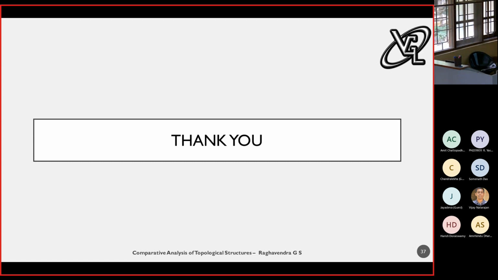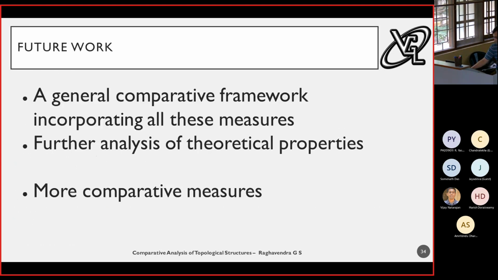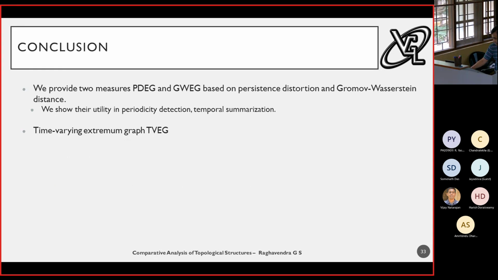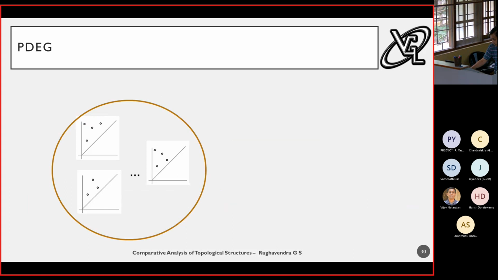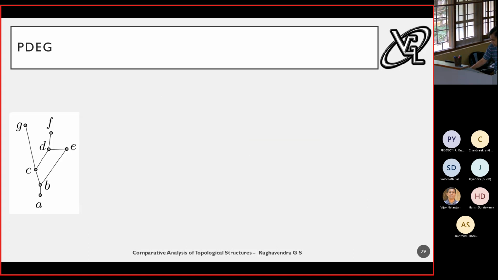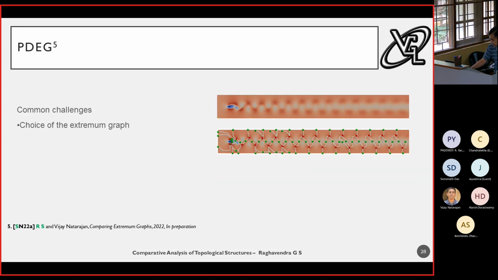Generally, bottleneck distance is for point sets in R2. There is another detail which I didn't go into because of time, and also it might not be required in some cases.